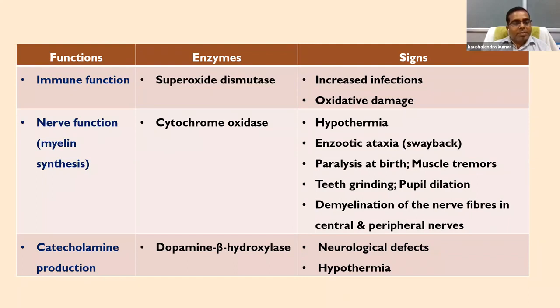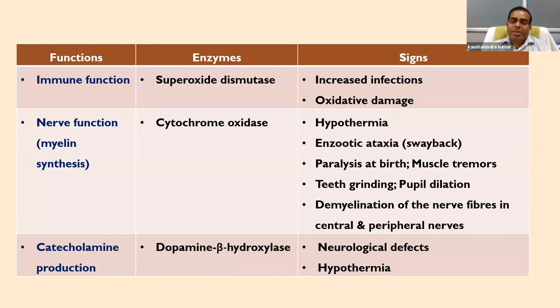Copper is also associated with nerve function, that means myelin synthesis, and the enzyme associated is cytochrome oxidase. Symptoms that develop are hypothermia and enzootic ataxia, like swayback condition. That means a hind leg problem may arise.